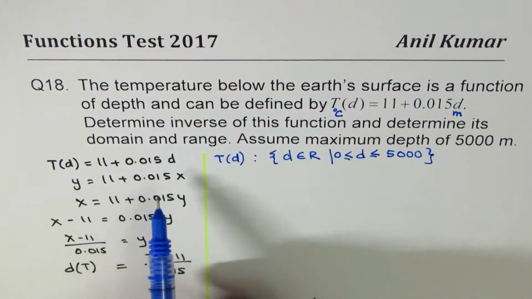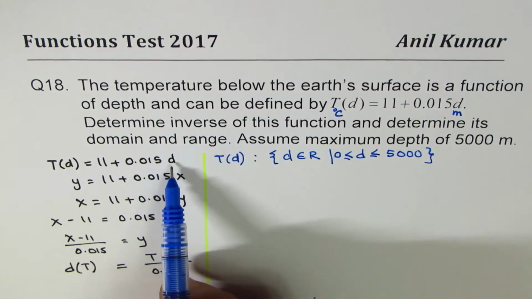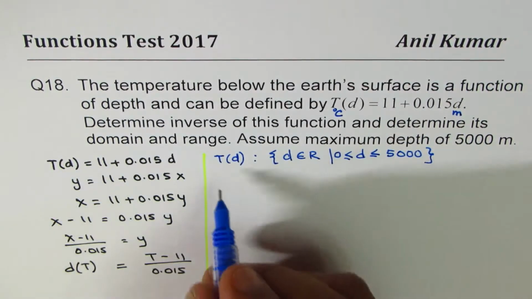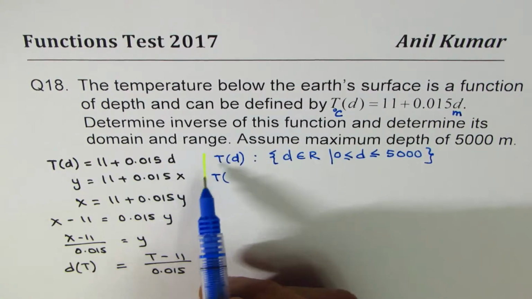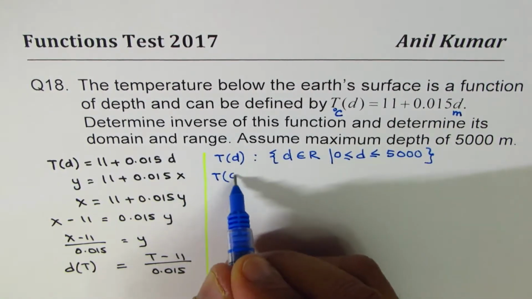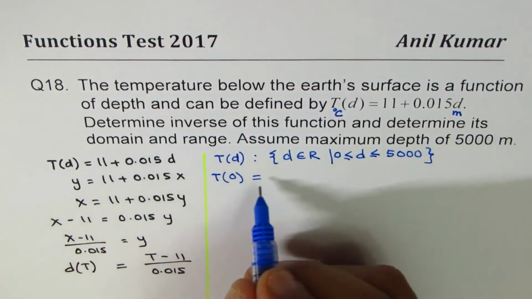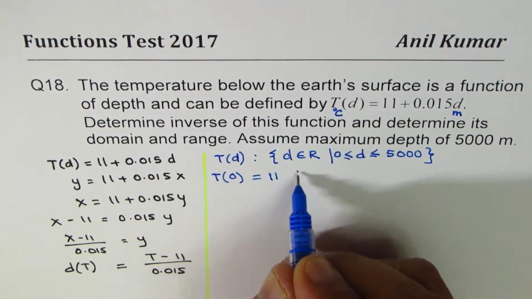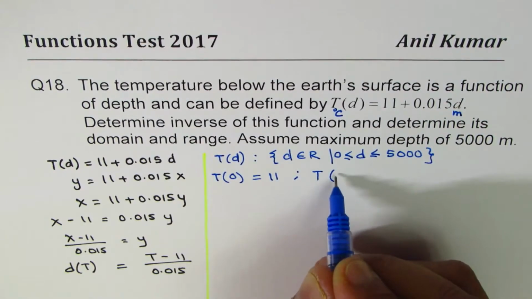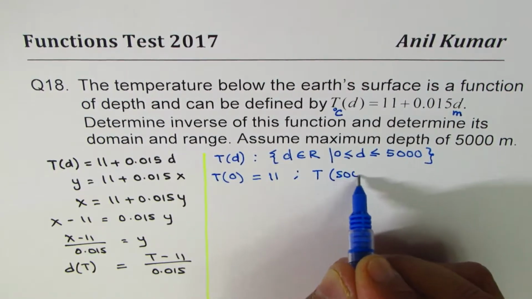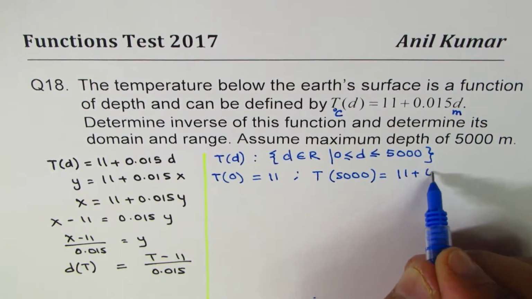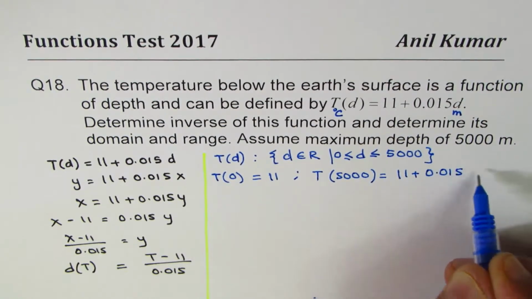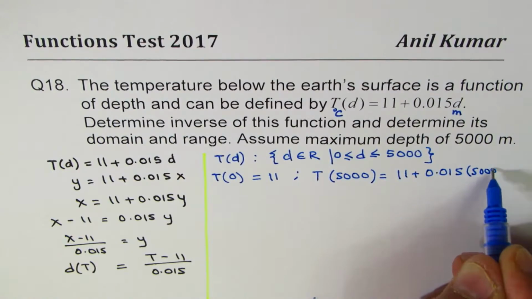To find the range, we can substitute 0 and 5,000 here and calculate the value of t. So if I write t of 0, I get 11. And if I want to calculate the temperature for 5,000, I get 11 plus 0.015 times 5,000.